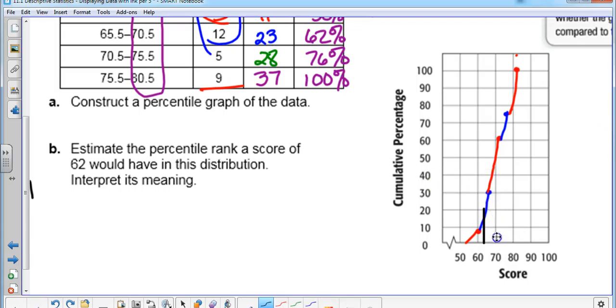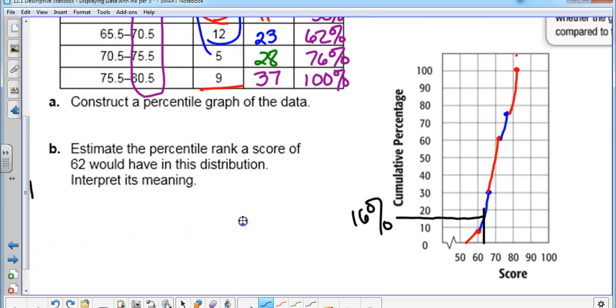What's better on yours? 15, 16, 17, somewhere in there? I'm going to say 16%. I did a crummy job of drawing the whole thing, so I don't know if you used a ruler for better. All right.